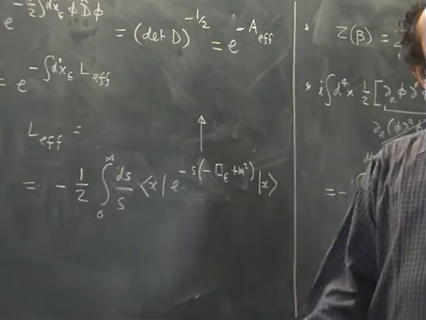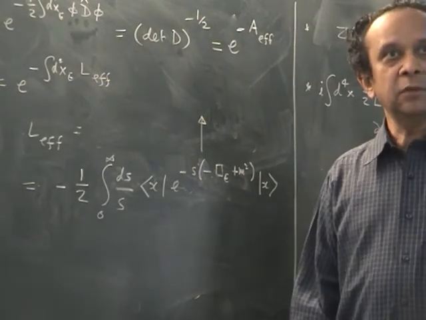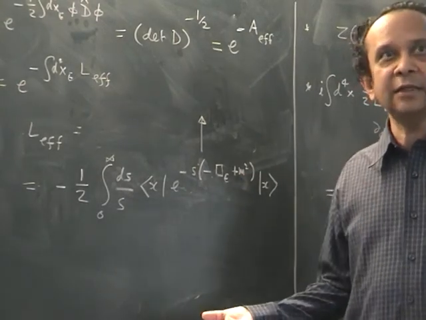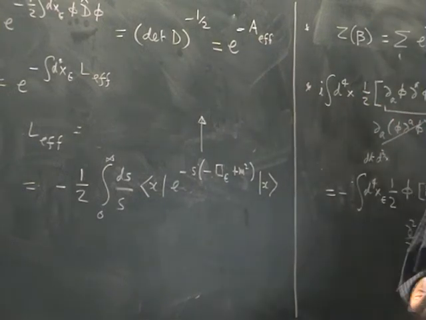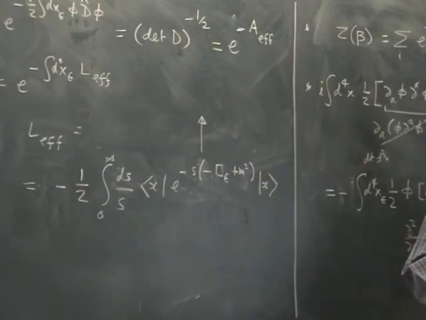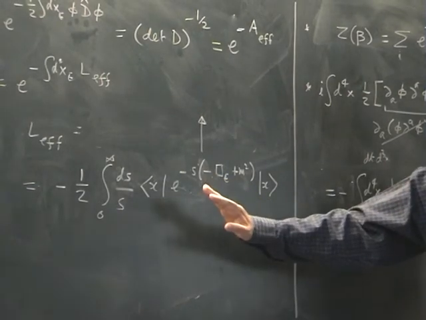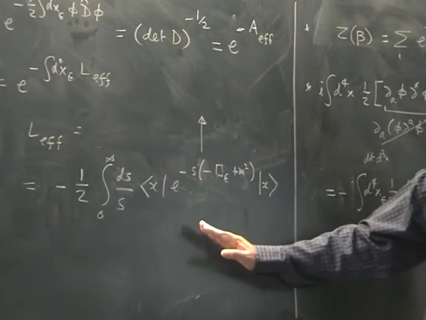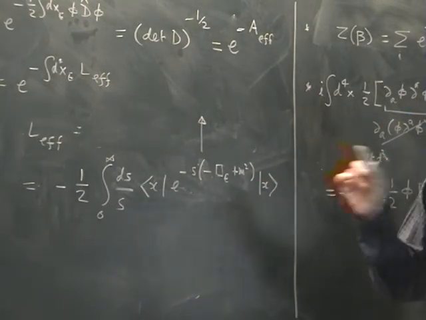Suppose you were in 3 dimensions, then this would have been minus del squared. What is minus del squared? Minus del squared is just the Hamiltonian operator for a particle with a mass equal to half. And this m squared is just an additional constant potential. So this is Schrodinger quantum mechanics with a Hamiltonian for m equal to half and V equal to m squared.